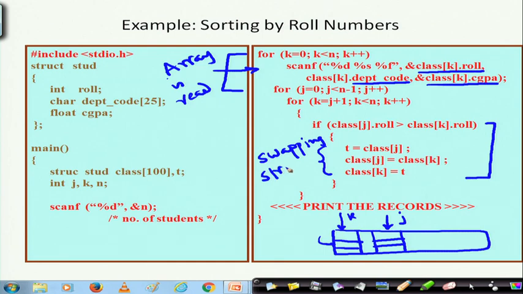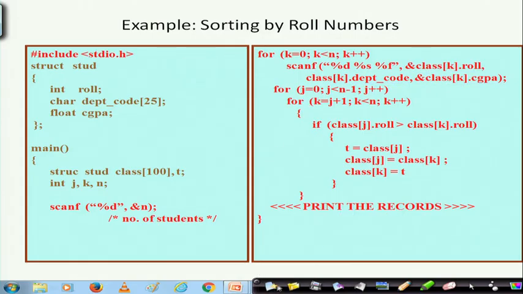And this I am doing for k as the internal variable and j as the external variable. So, my diagram should be a little different.